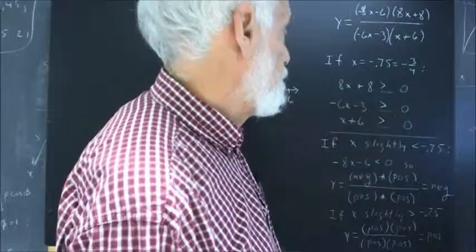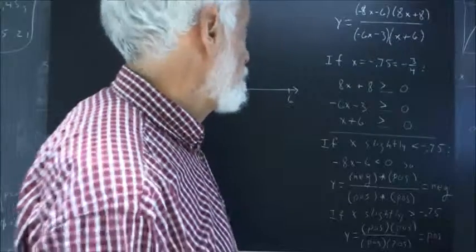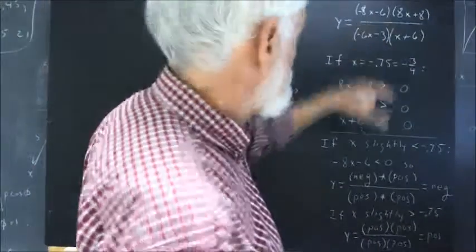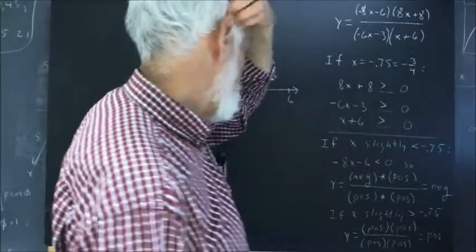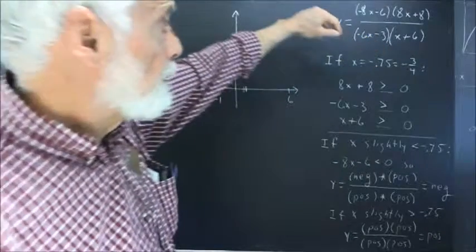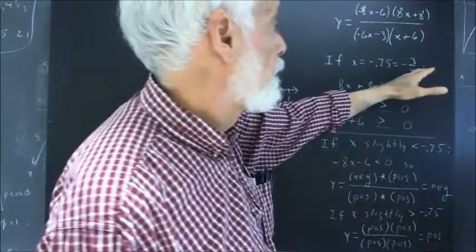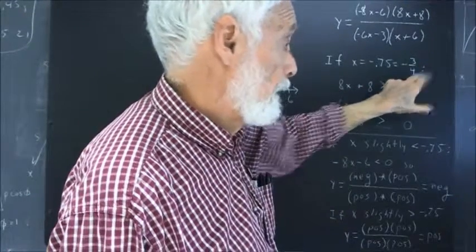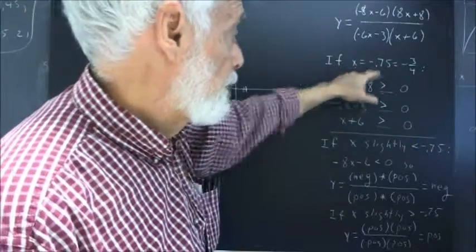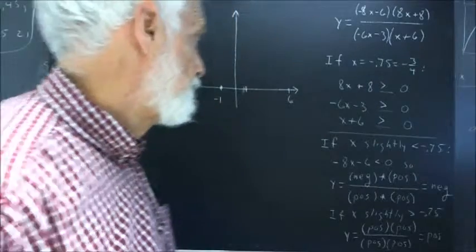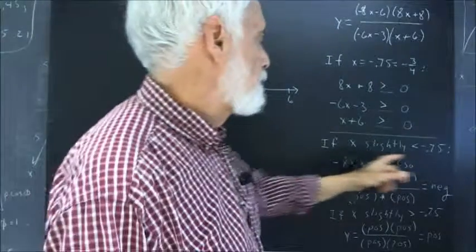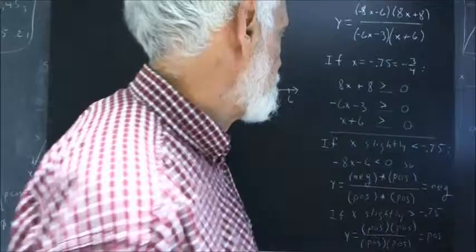Subtract 3, and you get 1.5, which is greater than 0. So all three of these turn out to be positive if x is equal to negative 3/4, and they're not that close to 0, so if you let x go a little bit less or a little greater than negative 3/4, these things are still going to stay positive.